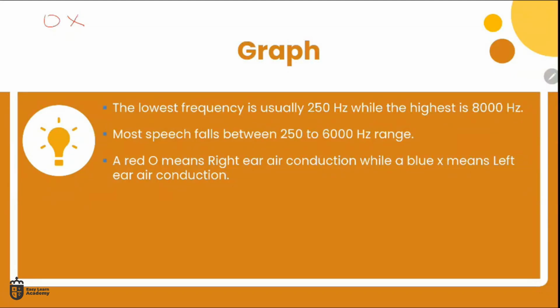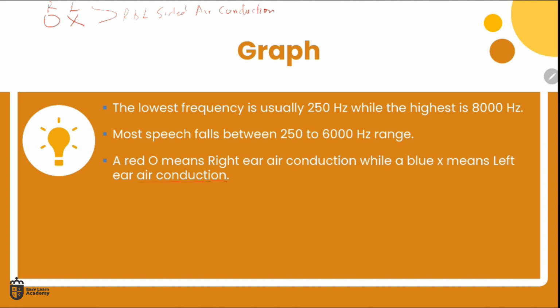Remember, O and X is equal to air conduction. O is right side, while X is left. So we are talking about right and left-sided air conduction when we are talking about X and O. Anytime we see these symbols, X and O, we are talking about air conduction.